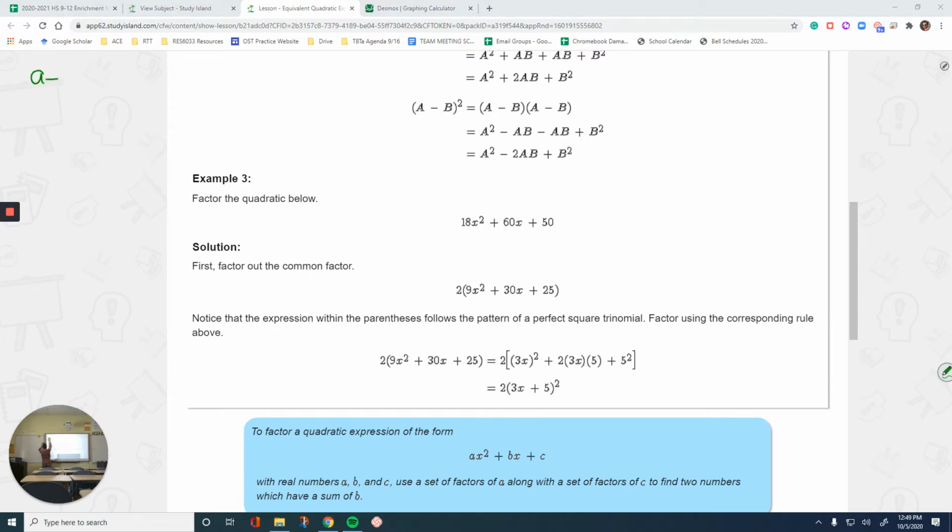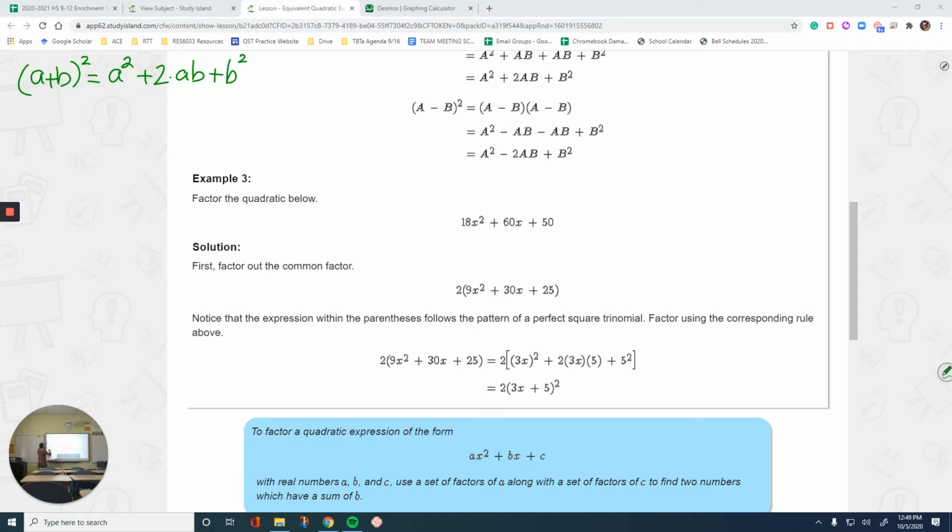let's see, a plus b squared. If you have 2 terms added together within parentheses and then squared, you can expand it like a squared plus multiply the bases, it's ab, and then multiply this by 2. 2 times ab plus the second term squared.